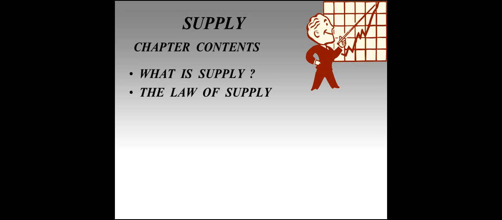Well, when I cover the chapter contents here, you'll see that Chapter 6 is structured very similar to Chapter 5, and some of the underlying concepts and the way supply will be introduced to you are the same. For example, there is a formal definition of the concept of supply, which we'll get into in a moment here. And there is a law of supply, similar to the fact that there is a law of demand.